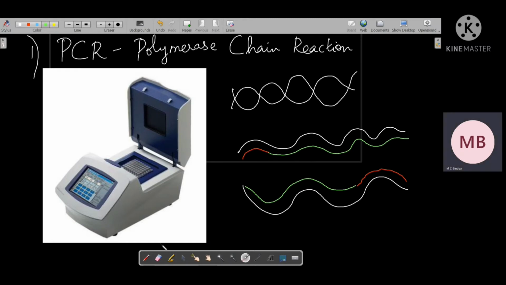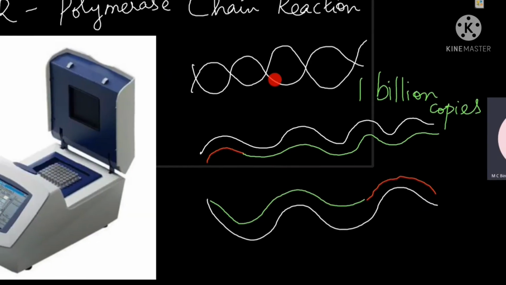Like that, DNA copies can be produced up to 1 billion times through this machine. So if there is only a small fragment of DNA of the pathogen present in the blood, it can be amplified using this technique of polymerase chain reaction.